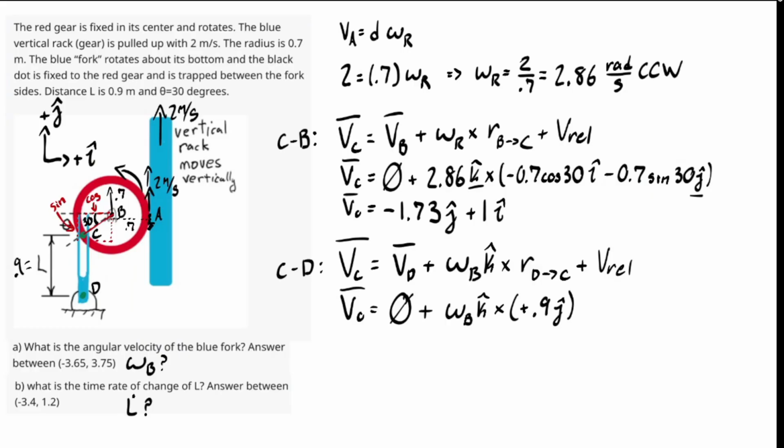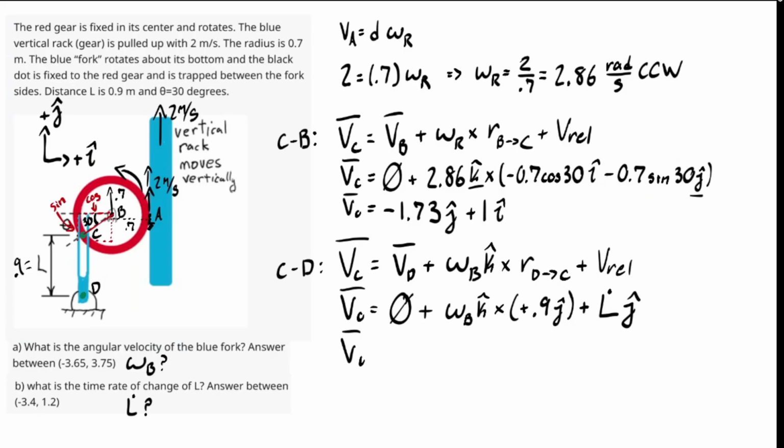Cool. And then plus this relative velocity term. If you notice, the distance that changes between C and D is just the same as the change in L, right? So that's just going to be our L dot term with respect to time. And at this point, L is completely vertical, so that's also going to be in the J component. Cool. All right, so let's do this cross product.